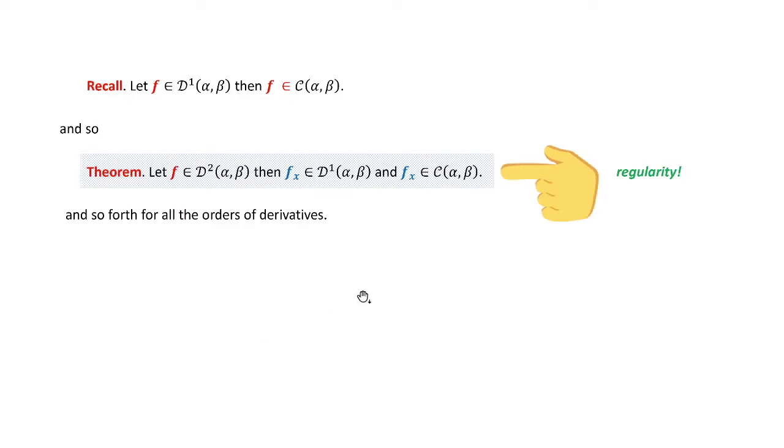Now I was saying the smoothness. If a function is differentiable, we know the function itself is continuous. So if the function is twice differentiable, then its derivative is differentiable, and in fact, the function itself is continuous.